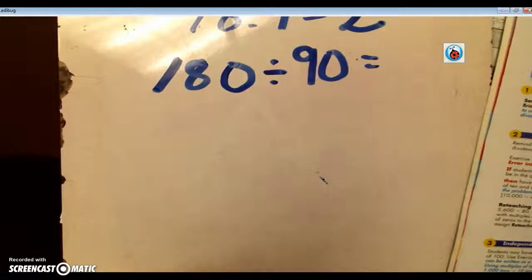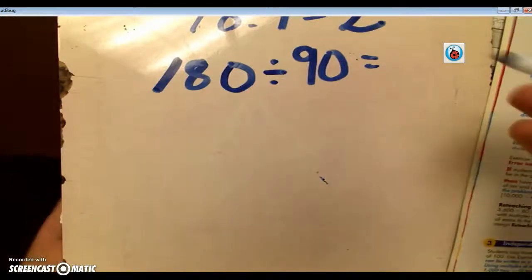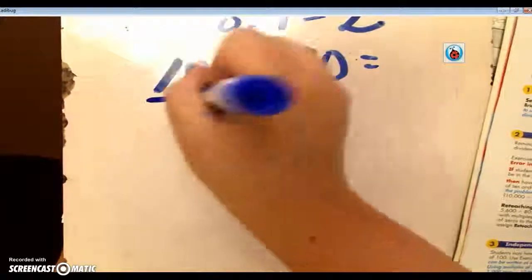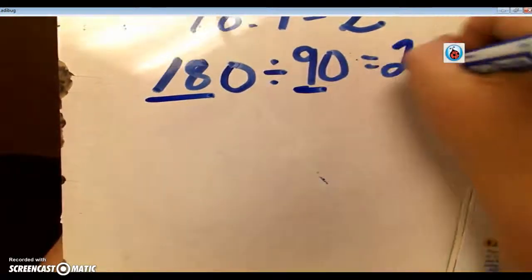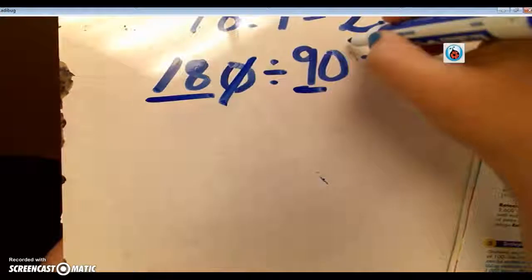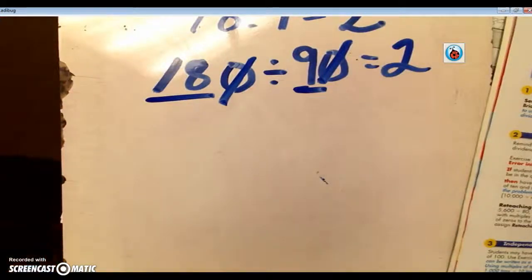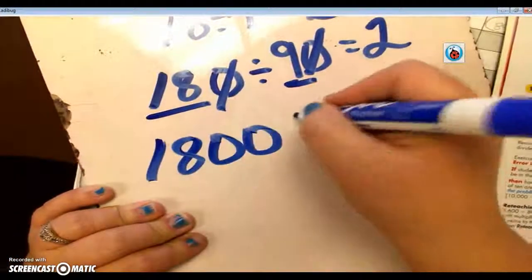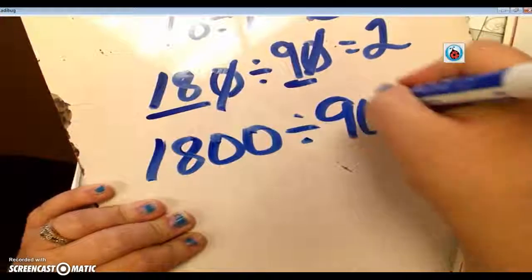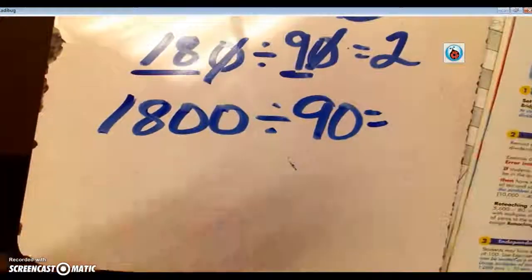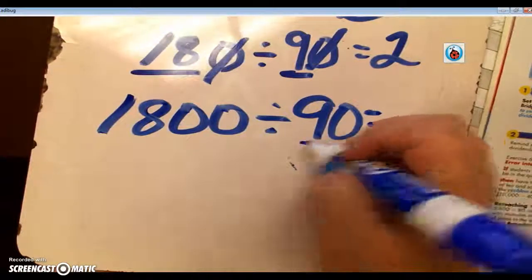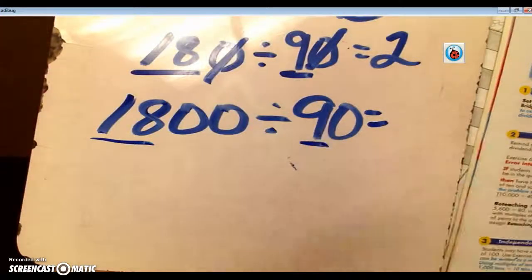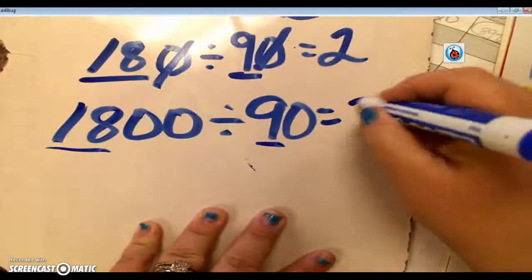180 divided by 90, I still take 18 divided by 9 and get 2. This 0 is going to cancel with this 0. So my answer is 2. If I have 1,800 divided by 90, I'm still going to look at my non-zero digits. 18 divided by 9 is 2.